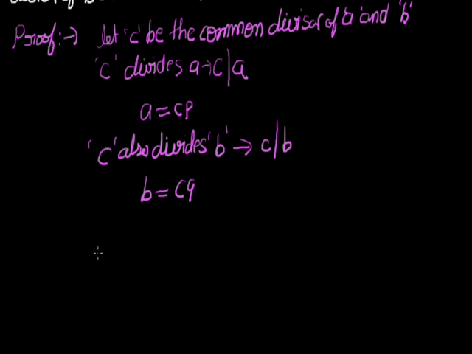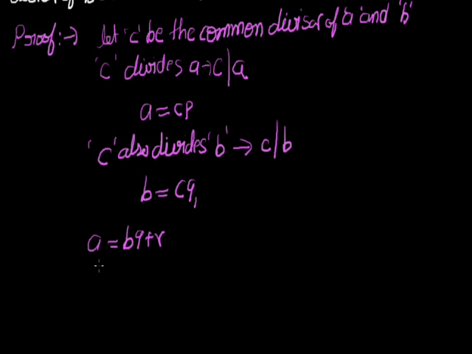Now we are given the relation A is equal to BQ plus R. Since we have used the term Q already, we can change this term to q1. So I'm writing B is equal to C into q1, and A is equal to CP.